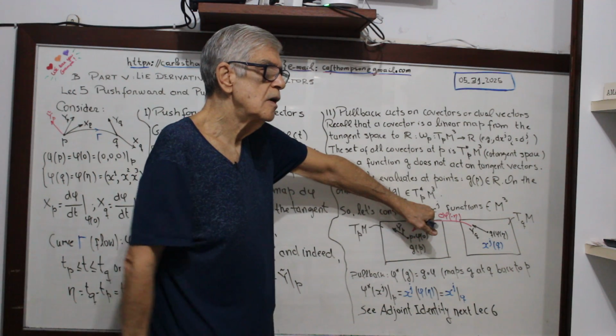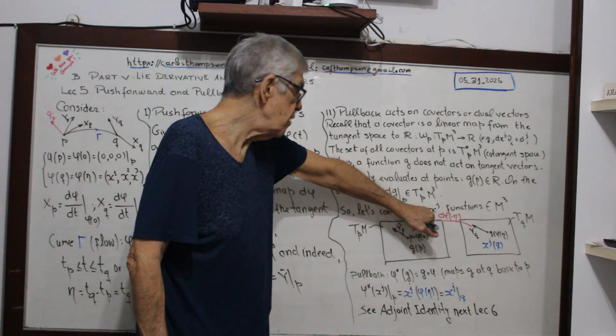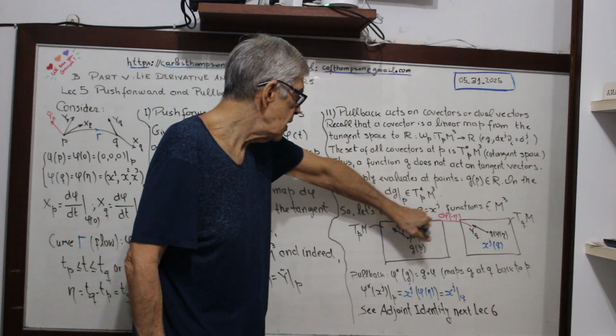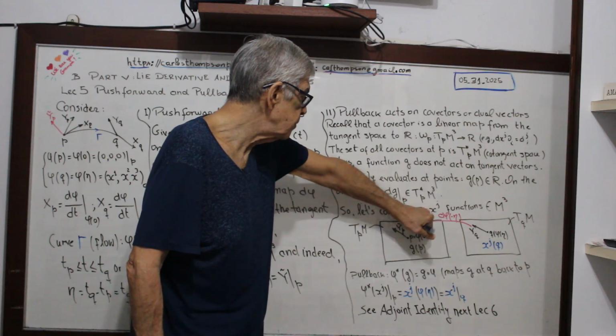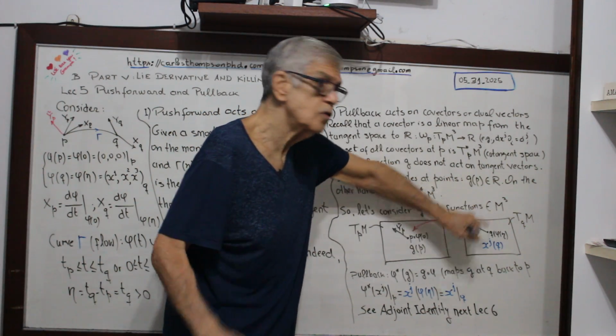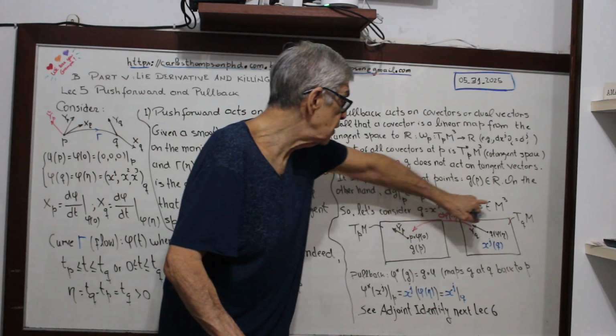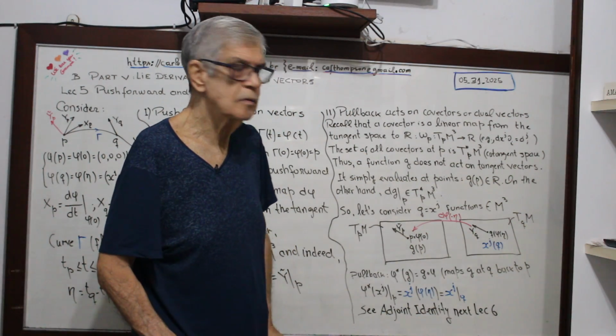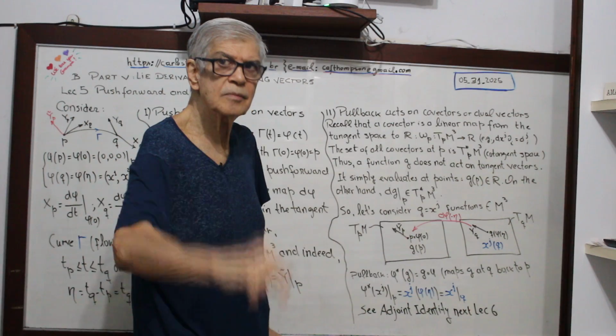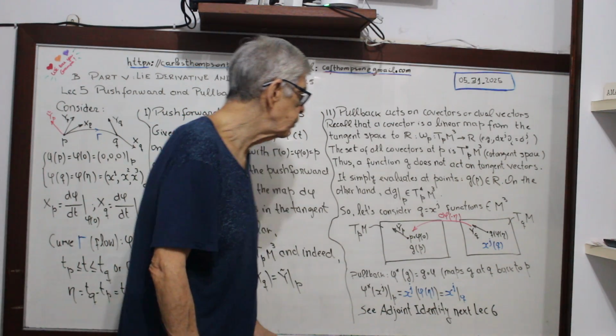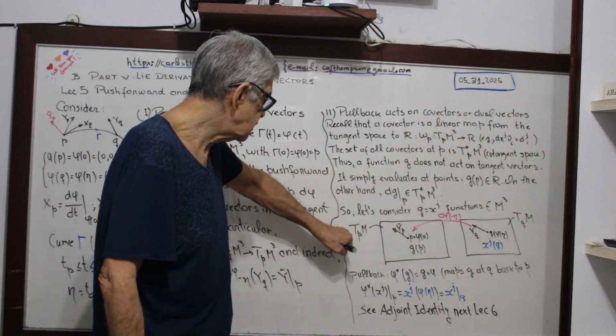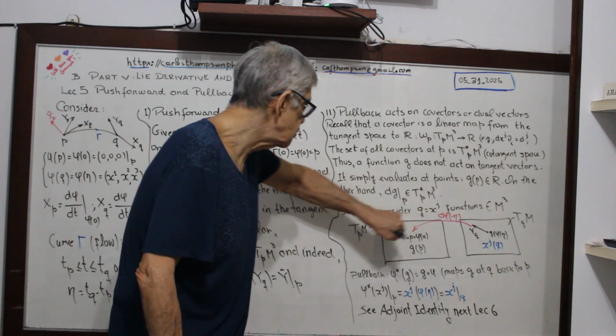That's an important emphasis. So g, xj, is a function and belongs to the manifold, not the tangent vector space. This is the tangent vector space.